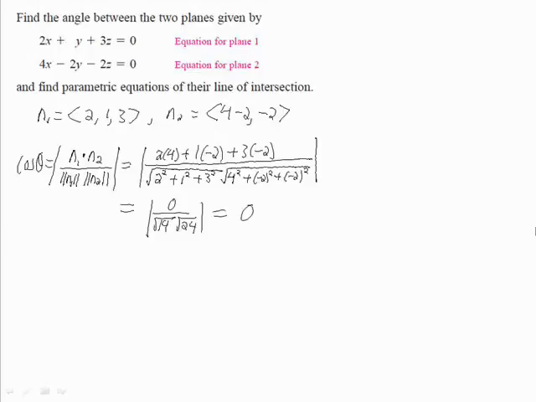This implies that the angle between the two planes is theta is equal to pi divided by 2 radians, or 90 degrees, as shown.